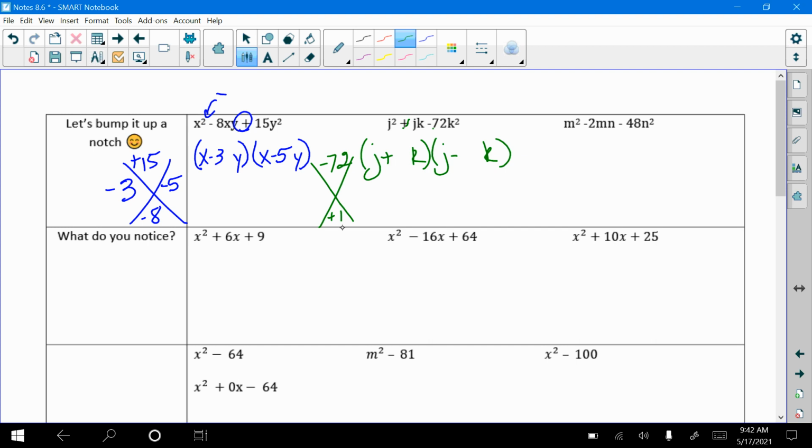So I start with the factors that have a difference of 1. 1 and 72, 2 and 36, 3 and 24. Oh, I know that's 9. How about 9 and 8? 9 times 8 is 72. I've got a positive 9 and a negative 8 gives me a positive 1. Positive 9, negative 8.